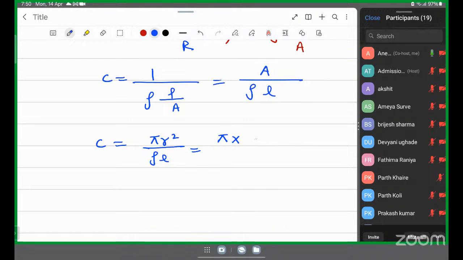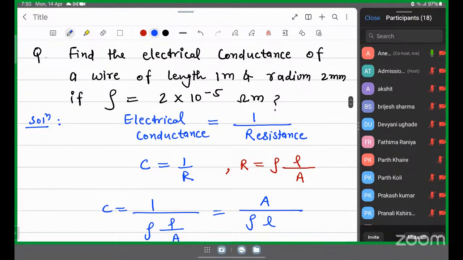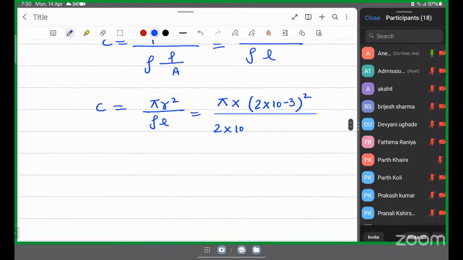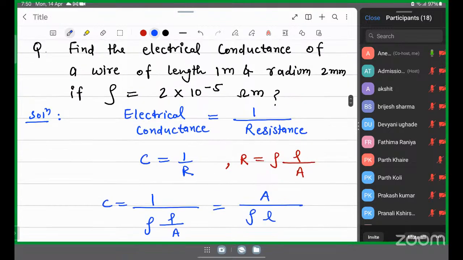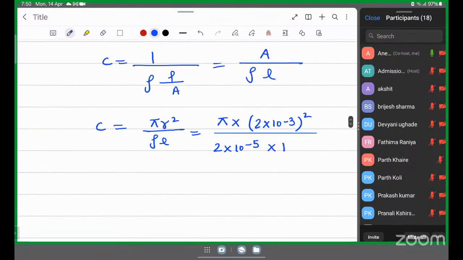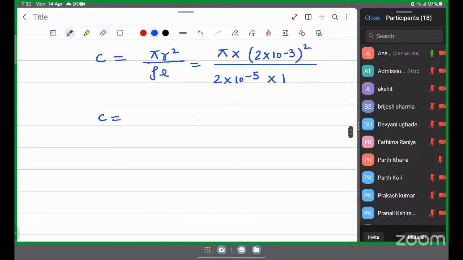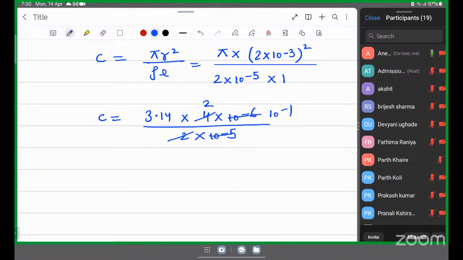So 2 mm will be 2 into 10 raised to power minus 3 meter, to the whole square, divided by the value of rho, which is 2 into 10 raised to power minus 5 ohm meter, and length is 1. I think the calculation is very simple. We can take pi as 3.14 because there is no factor of 7. This will be 4 into 10 raised to power minus 6 divided by 2 into 10 raised to power minus 5. On simplification, this will give 2 into 10 raised to power minus 1.